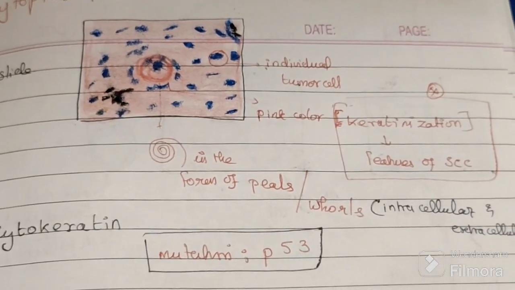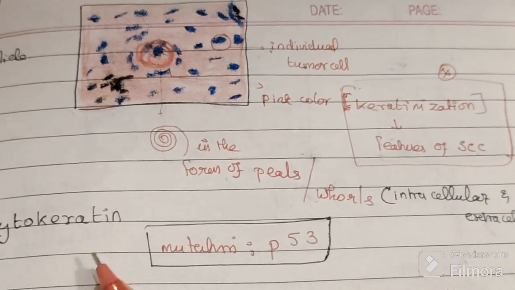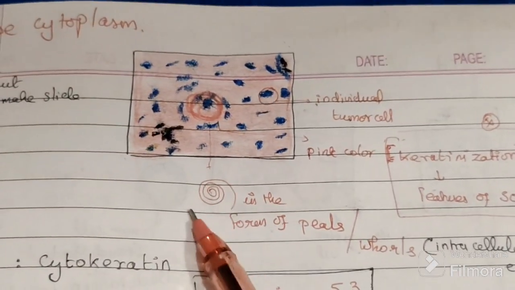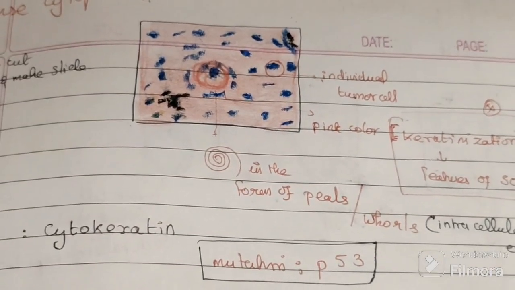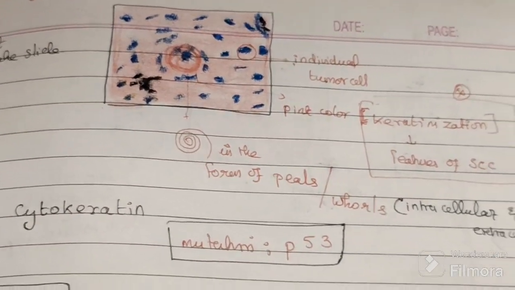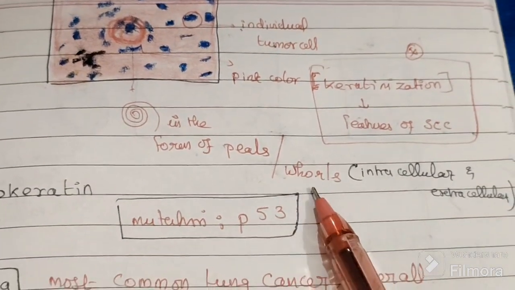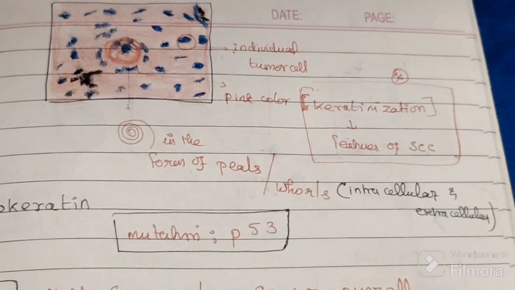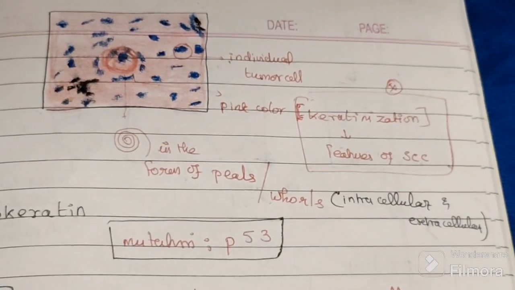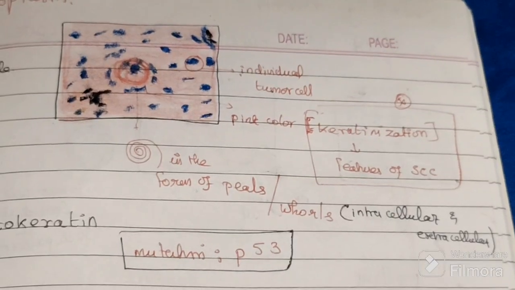When extracellular, it is present in the form of pearls or whorls. So intracellular and extracellular keratinization is the feature of squamous cell carcinoma.